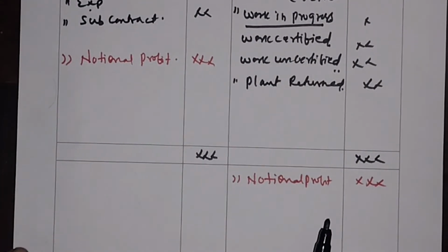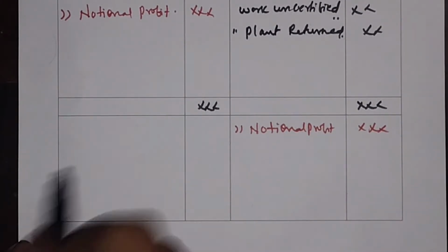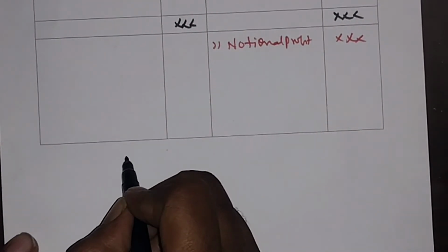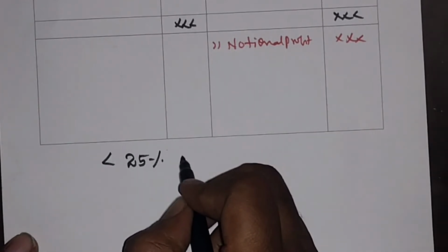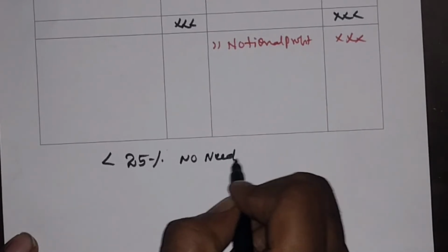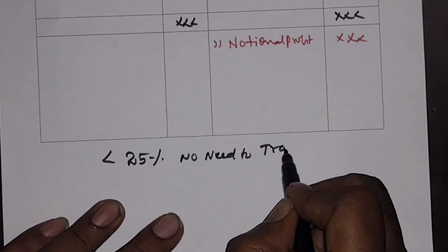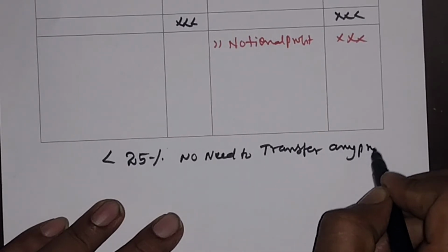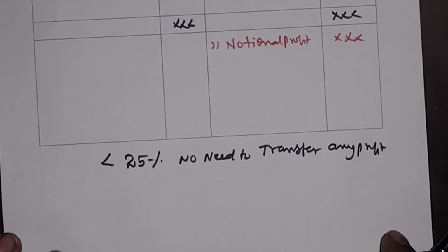How will this be distributed? For this we have one simple calculation. If the work is completed less than 25%, no need to transfer any profit to the general profit and loss account.